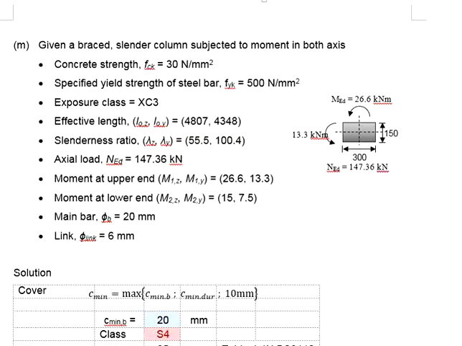You are actually comparing the slenderness ratio in the major axis against the minor axis. Take the slenderness ratio of the major axis divided by the minor axis, and then take the slenderness ratio of the minor axis divided by the major axis.